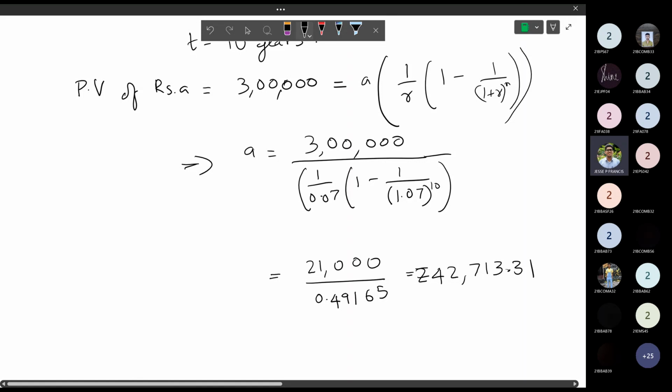All right. The second problem, I'm putting it in the chat box as a quiz. Please try and register your vote. For a discount of 4% for 10 years, the present value of an annuity for rupees 1 is.